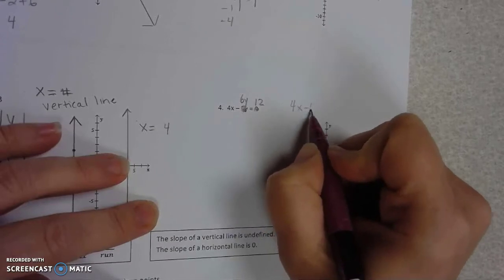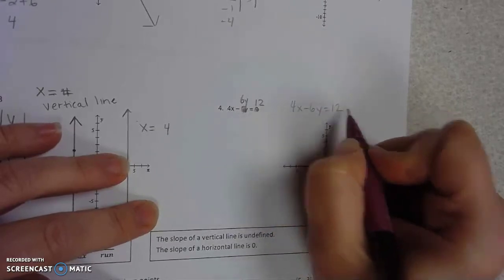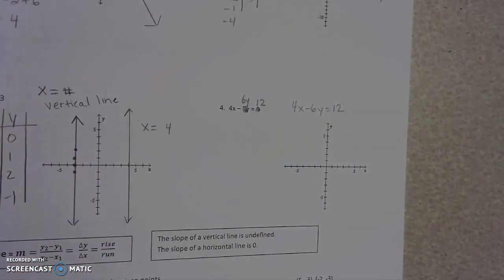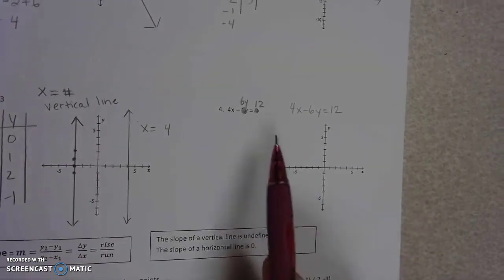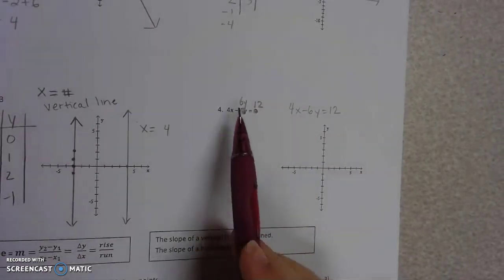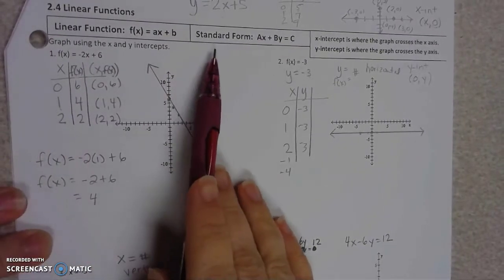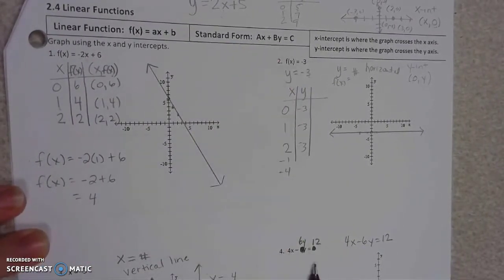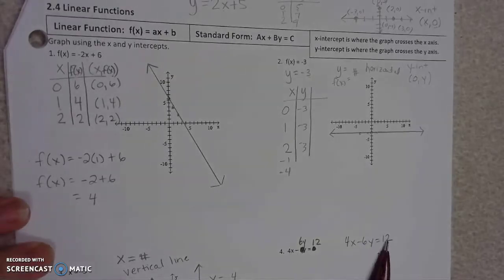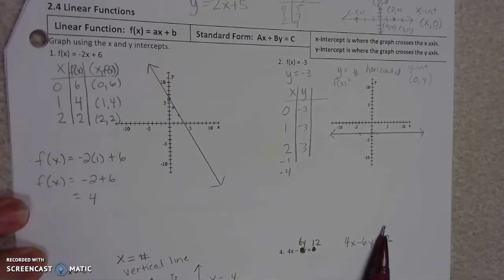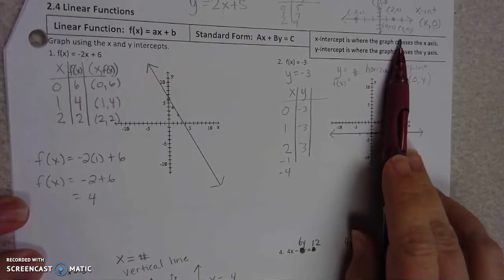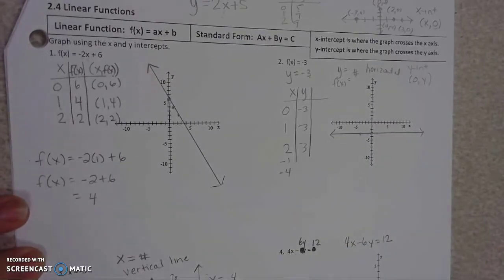It should look like this. Now, this equation is not in the form that we have been accustomed to using. Notice it is in standard form, where the x and the y are on the same side. So when that happens, it's easier to graph it using the x and y intercepts.